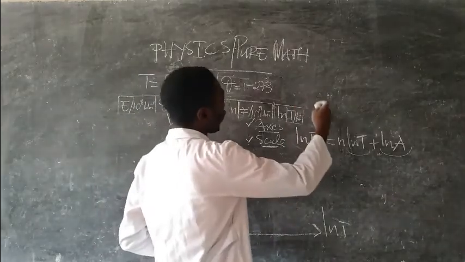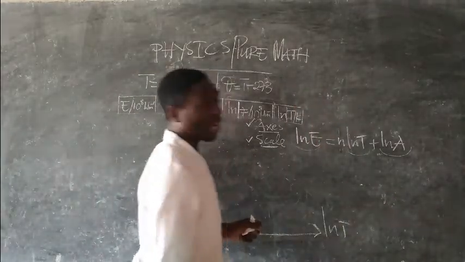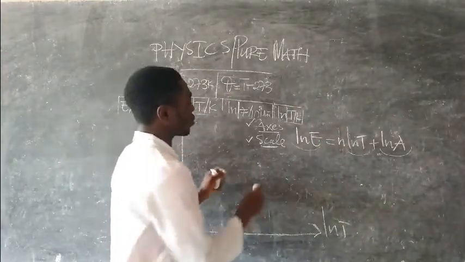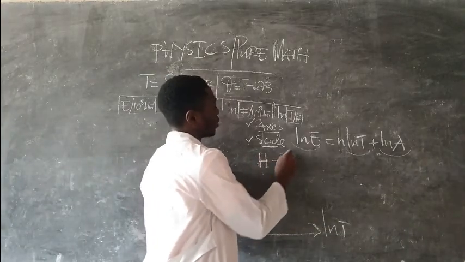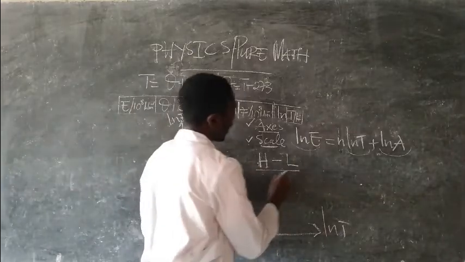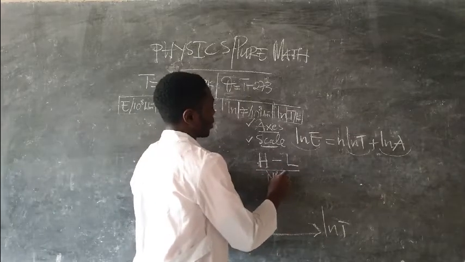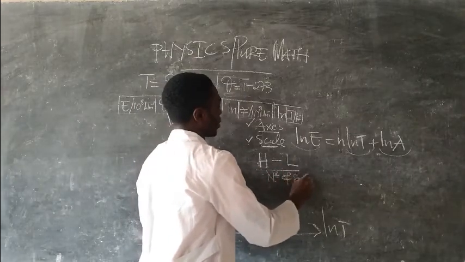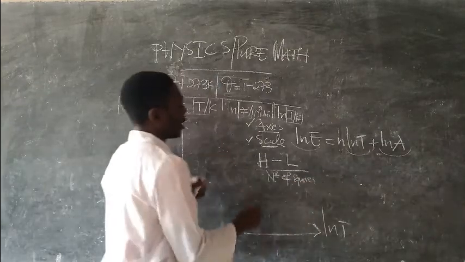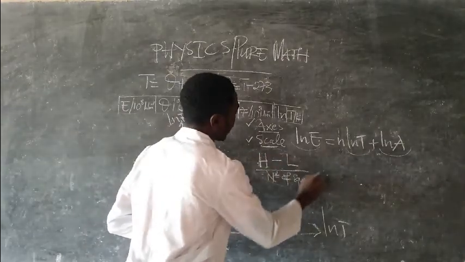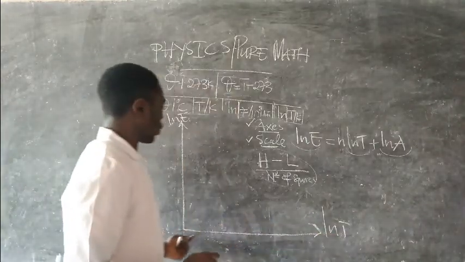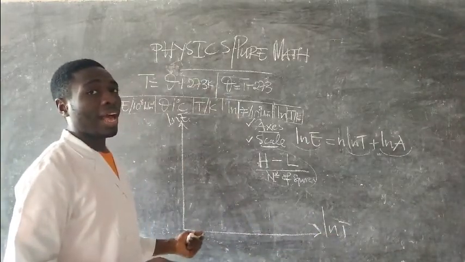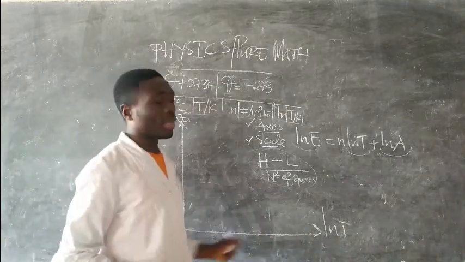Take the highest value on the table minus the lowest value, divided by the number of squares. For this one, I take the highest value of the t minus the lowest value of the t, and I divide by the number of squares which are here.